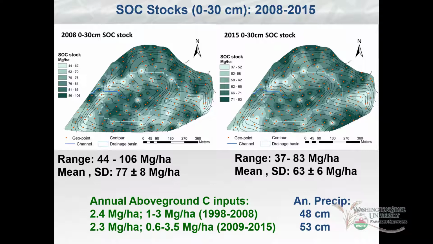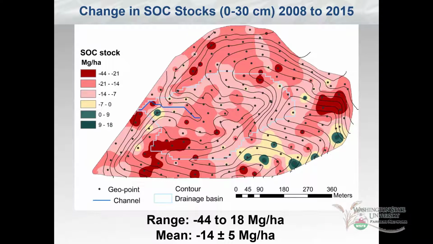This is the first years that I talked about, and the precip during the 1 to 3 megagrams of carbon per hectare. 0.6 to 3.5, a little bit more of a range here during the subsequent years. The rule of thumb is that we need somewhere around 2 megagrams of carbon per hectare to maintain organic matter levels, but you can see we're kind of above that, but there's locations that are below that. And this comes back to rotation issues that I won't go into.